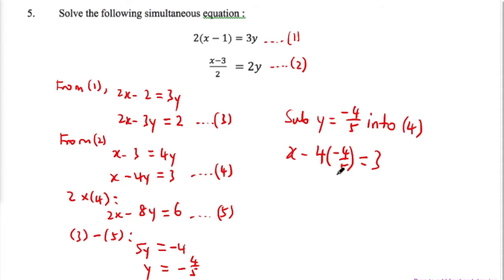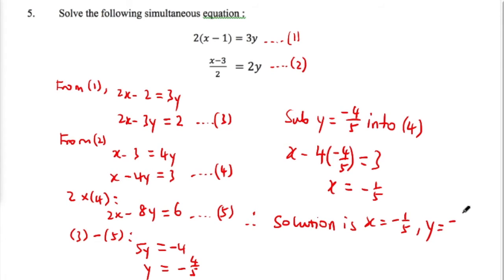And simplifying this, we have x equals negative 1 over 5. Therefore, the solution is x equals negative 1 over 5 and y equals negative 4 over 5.